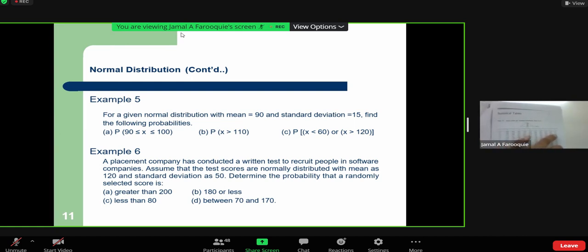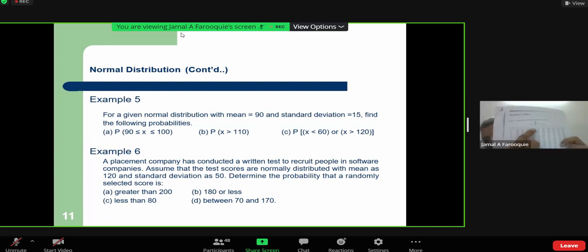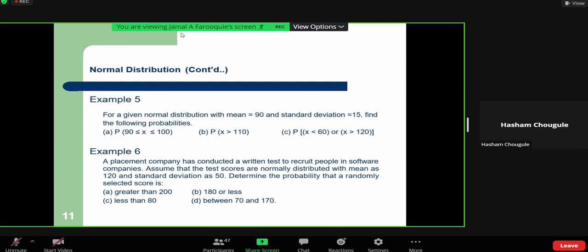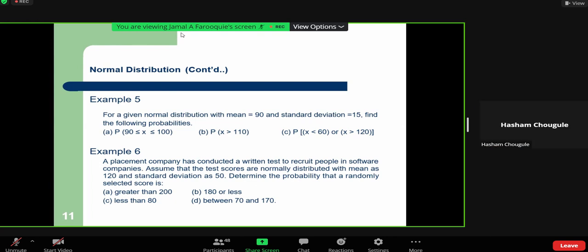You have some z values here and the second decimal place written horizontally. Our value is z equals 1.6, so you can locate 1.6 and find out its probability.